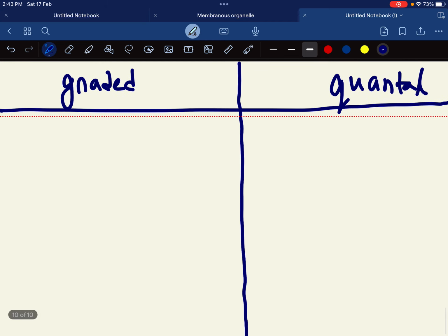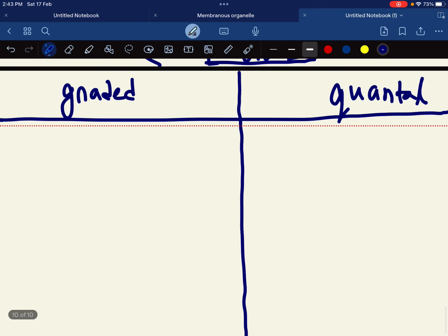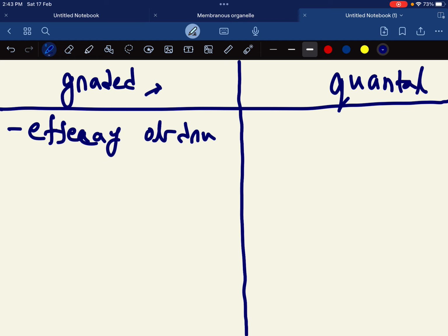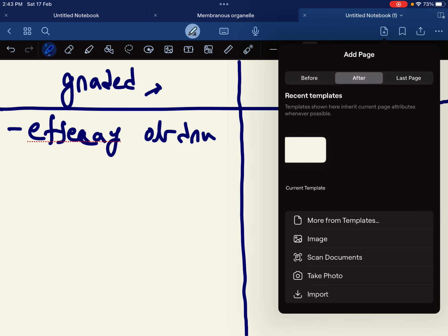At first, you should know the main theme of using a graded response curve. The graded response curve actually demonstrates the efficacy of a drug. What do I mean by efficacy?